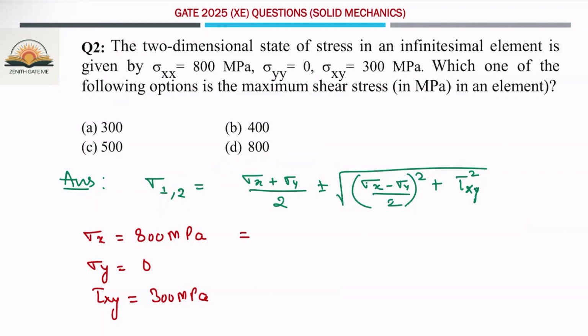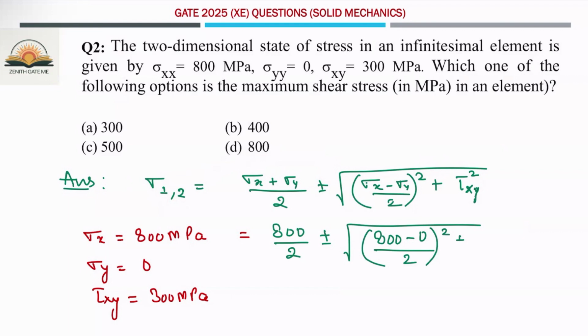So, sigma x value: (800 plus 0)/2, which means 800 by 2, plus minus the square root of ((800 minus 0)/2) whole square plus tau square xy, which means 300 square. So this is 400 plus minus the square root of 400 square plus 300 square. The square root of 400 square plus 300 square is nothing but 500 only.